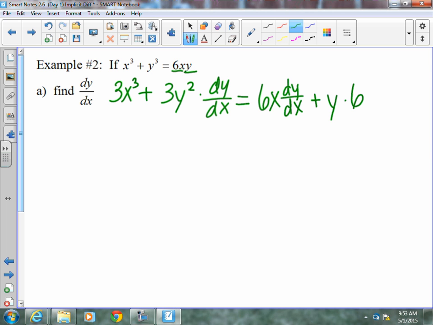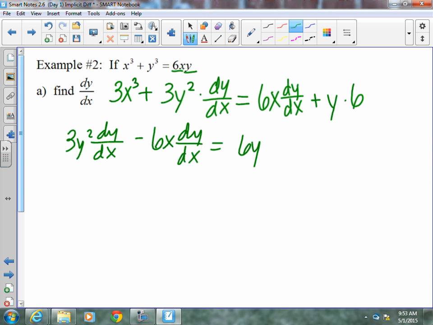So, now, keep our 3y squared dy/dx on this side. Move our 6x dy/dx to the left. And at the right, we have 6y minus 3x squared. I apologize, this should be a square. Now, pull out our dy/dx.